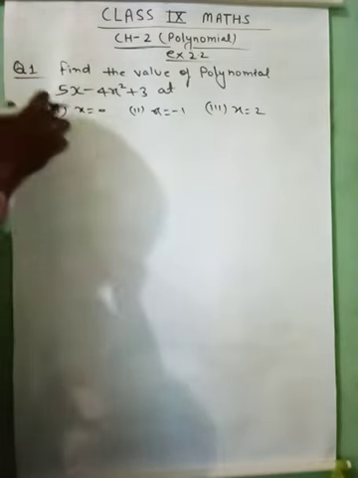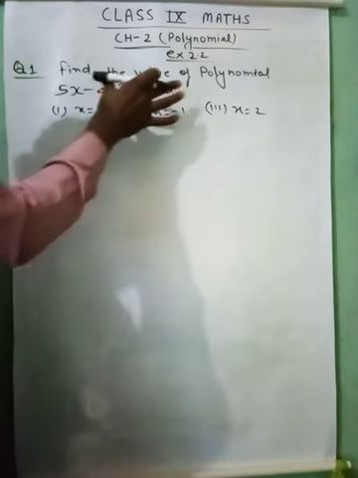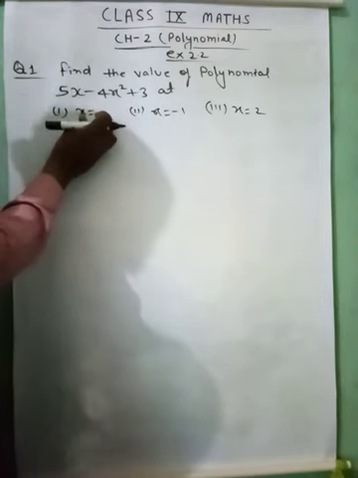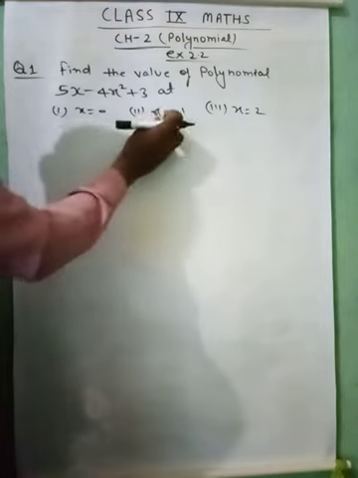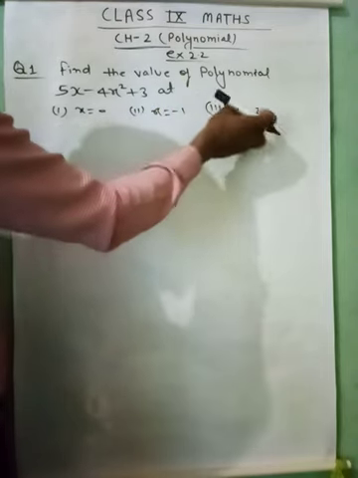In this question you have to find the value of the polynomial at x is equal to 0, x is equal to minus 1 and x is equal to 2.